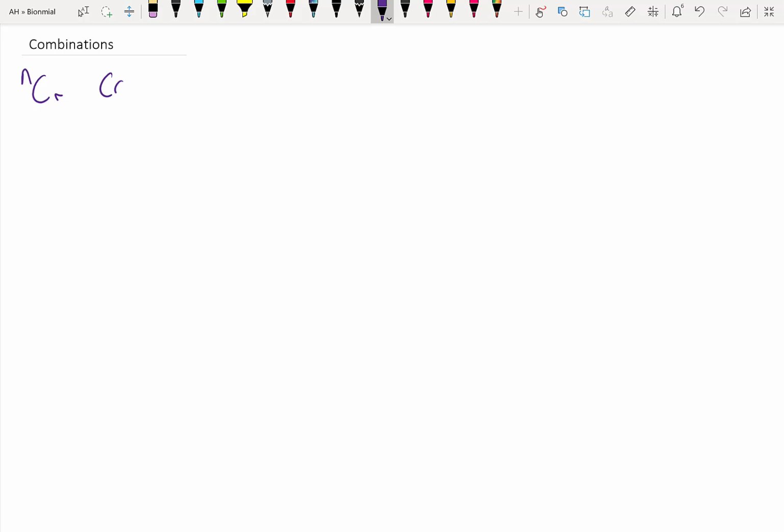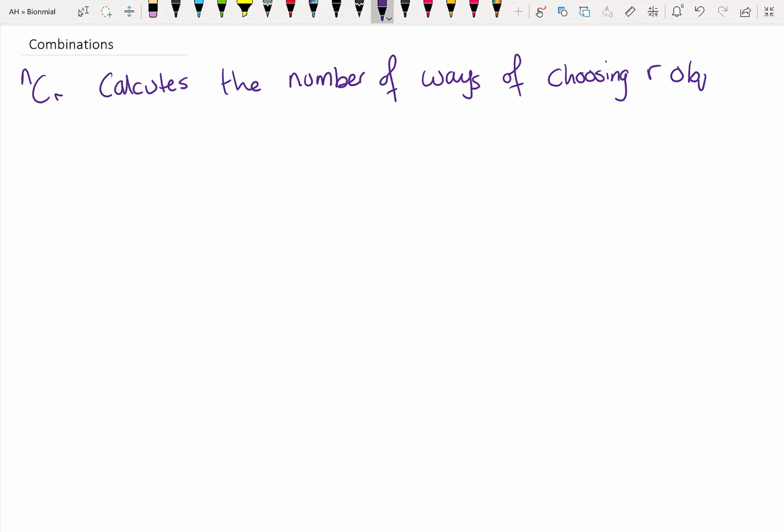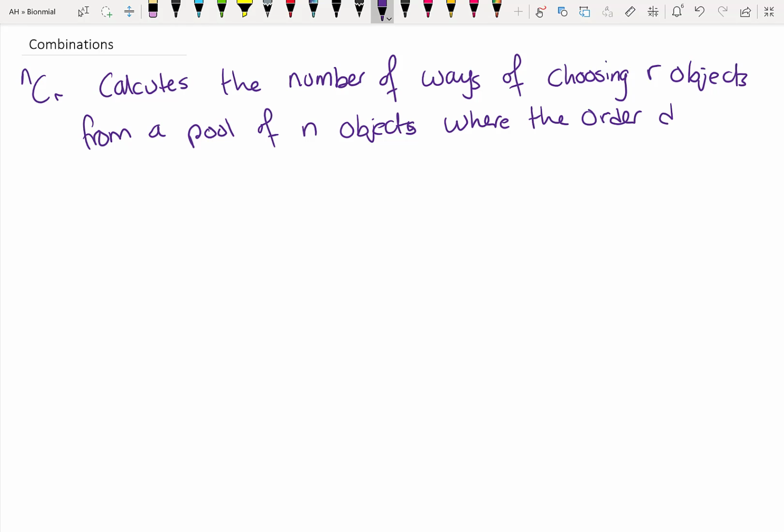So combinations calculate the number of ways of choosing r objects from a pool of n objects where the order does not matter.